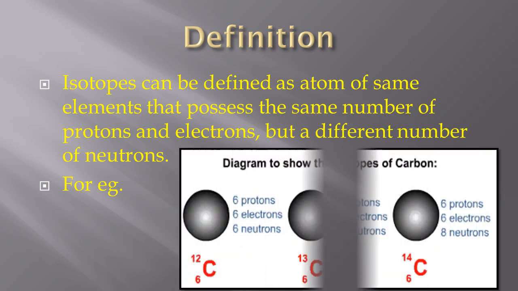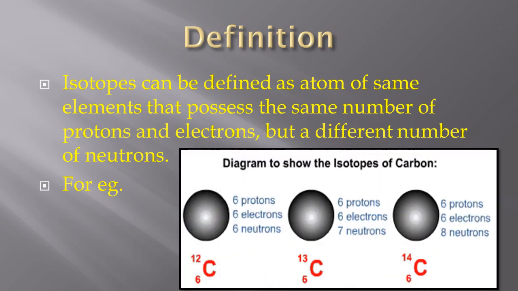Let's see an example. See here a diagram to show the isotopes of carbon. Students, for carbon there are 3 isotopes. In the first isotope of carbon, that is 6C12, there are 6 protons, 6 electrons and 6 neutrons.